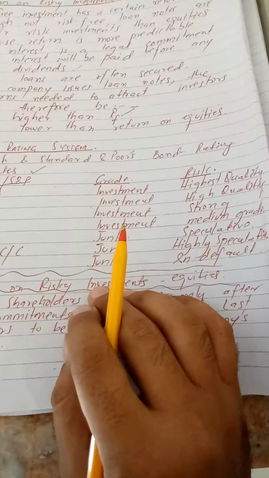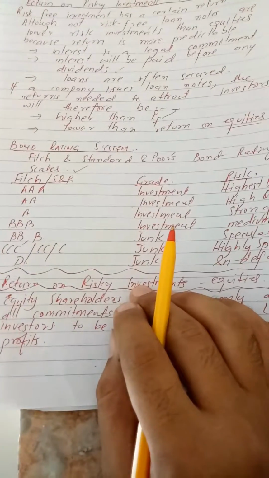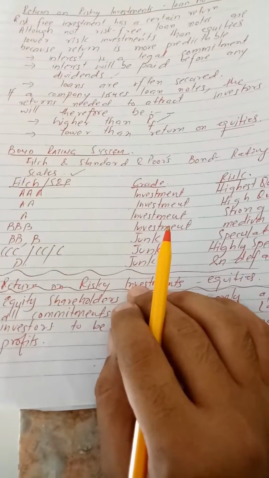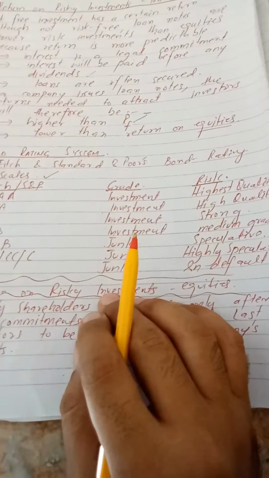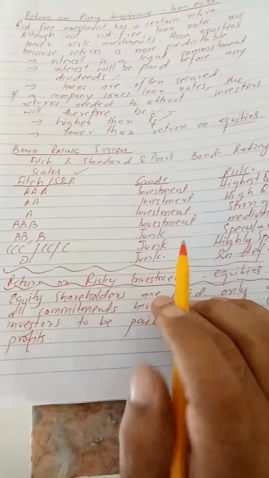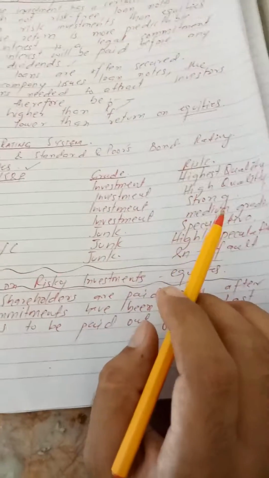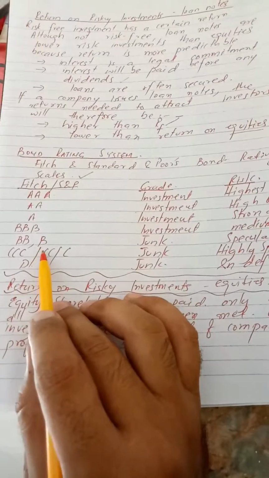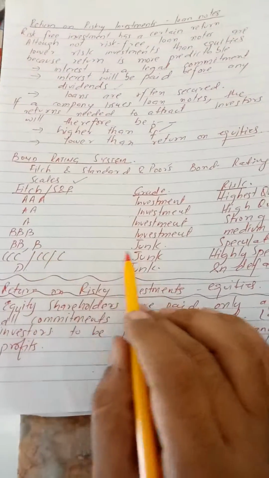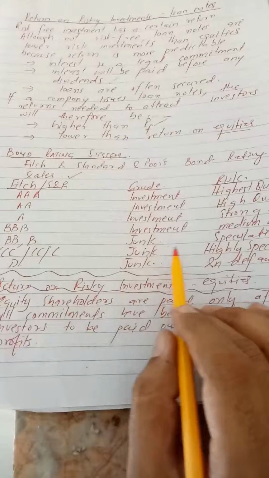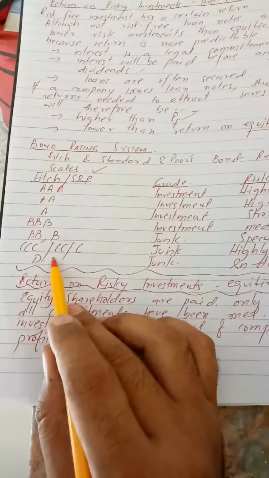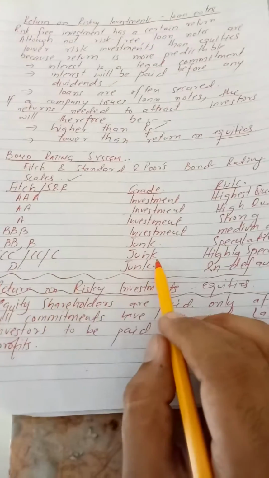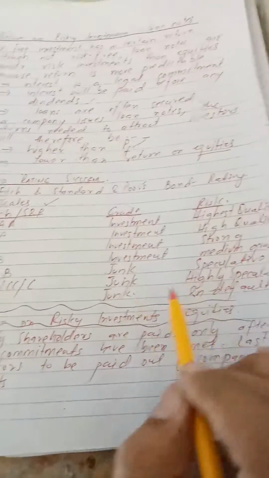AA would be investment of high quality. And A is also investment grade, strong. BBB is also investment grade, which is medium grade. BB and B are junk, and speculative. CCC, CC or C all fall in the category of junk, and are highly speculative.